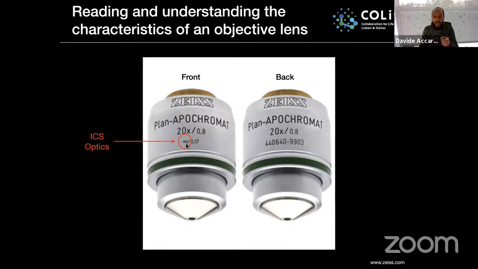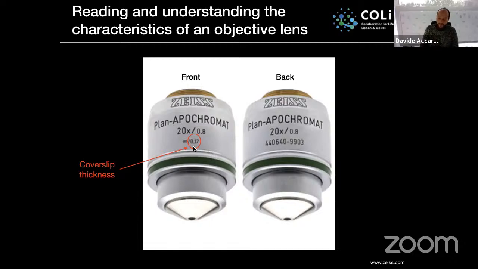It means that the lens will focus the light 16 centimeters after the lens itself, or 25, so 25 centimeters. These are the two most common numbers. And then the last piece of information, but not the least important, 0.17. This number is specified because it's extremely important and refers to the cover slip thickness.